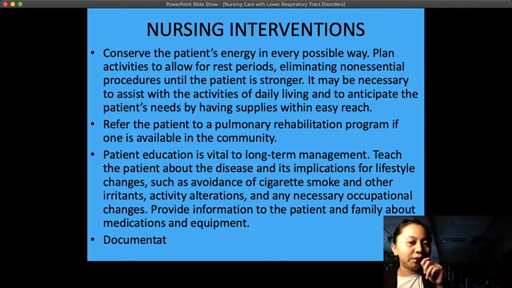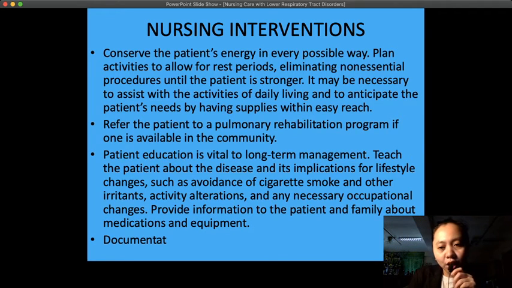Teach the patient about the disease and its implications for lifestyle changes, such as avoidance of cigarette smoke and other irritants, activity alterations, and any necessary occupational changes. Provide information to the patient and family about medications and equipment, and then document.